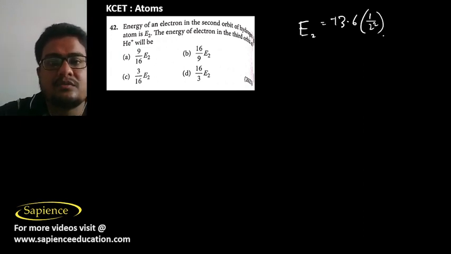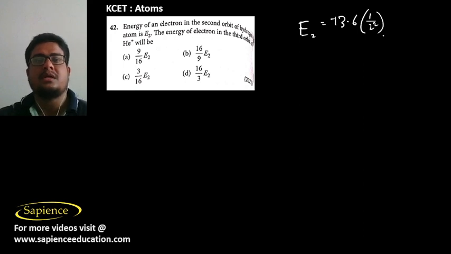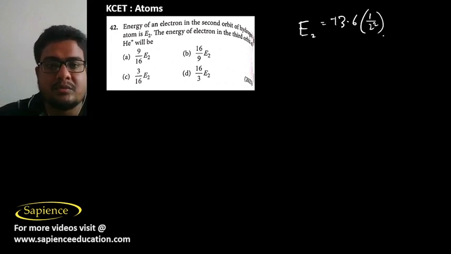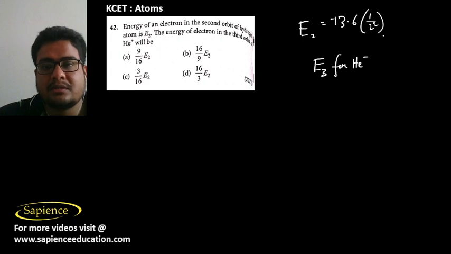The energy of the electron in the third orbit of helium plus ion will be. So we have to find the energy of the third orbit, E3, for He plus ion.